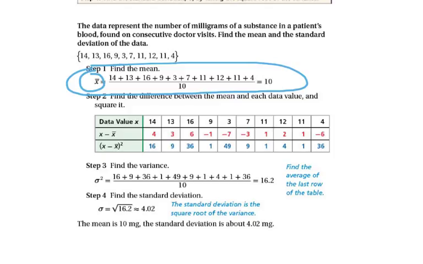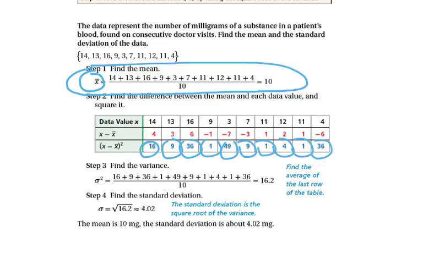Then we are going to find the difference between the mean and each individual data value, and we're going to square it. So we find the difference, which is X minus the mean, each X value minus the mean. These are all our squared differences here: 6, 9, 36, 1, 49, 9, 1, 4, 1, 36.